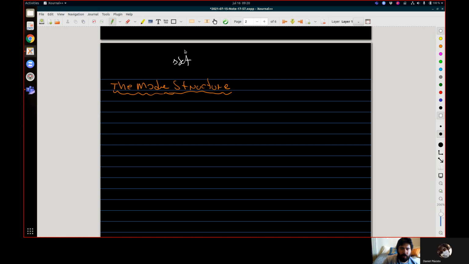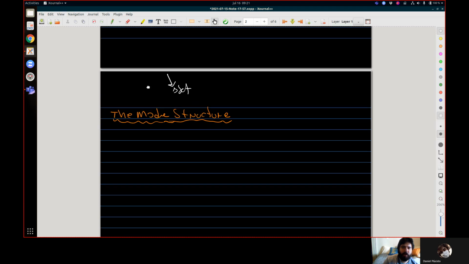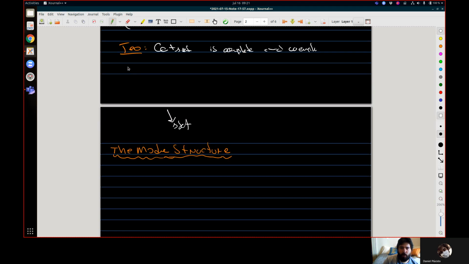I talked about the Joyal model structure and the Kan-Quillen model structure here. The fibrant objects are Kan complexes, so this gives us a clue how we'll make the fibrant objects of simplicial categories be the Kan complex enriched categories.